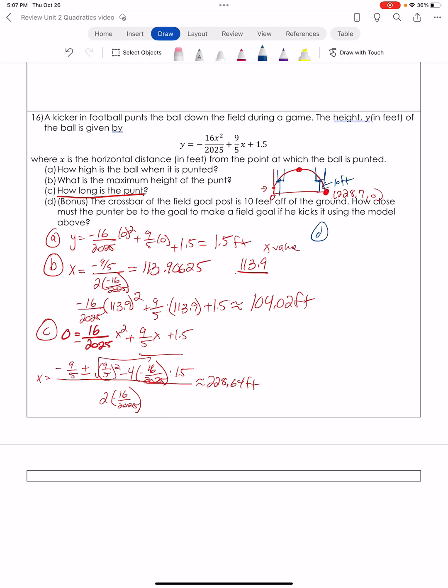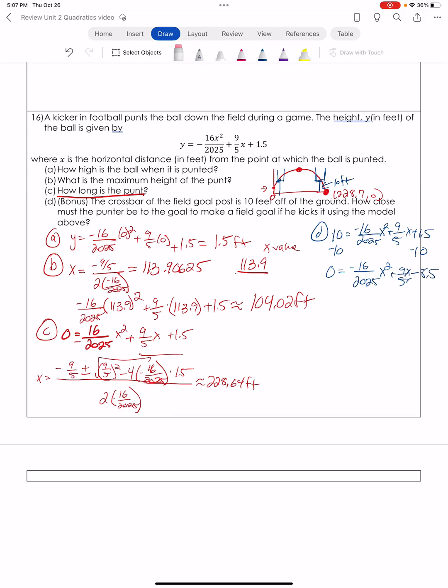So for D, that's actually when my equation is equal to 0, or is equal to 10. So I'd subtract 10 first, and I'm going to do the same thing that I did with C. So 0 is equal to negative 16 over 2025 x squared plus 9/5 x minus 8.5. That x should be up here.